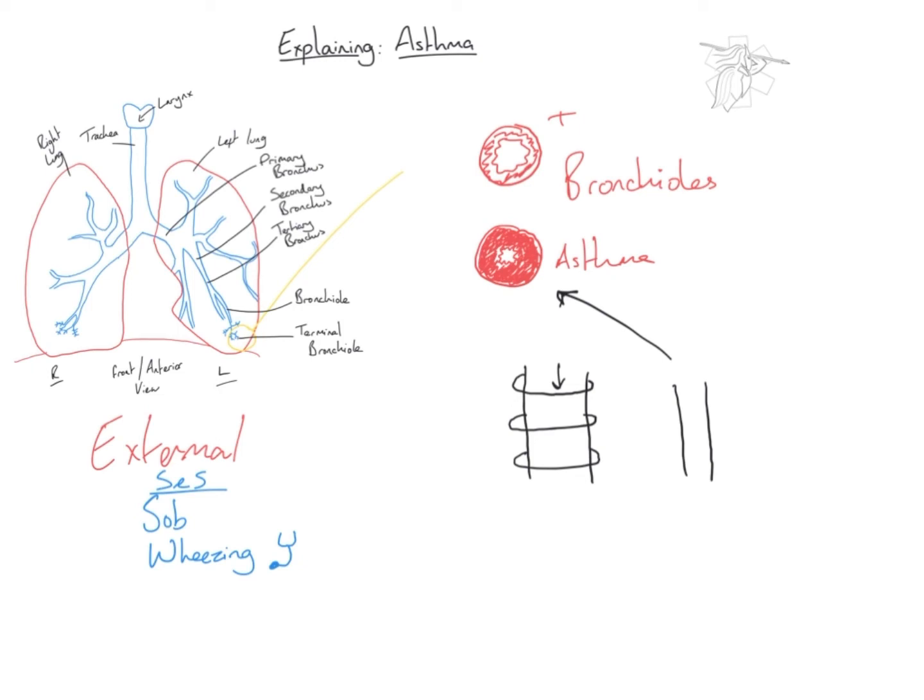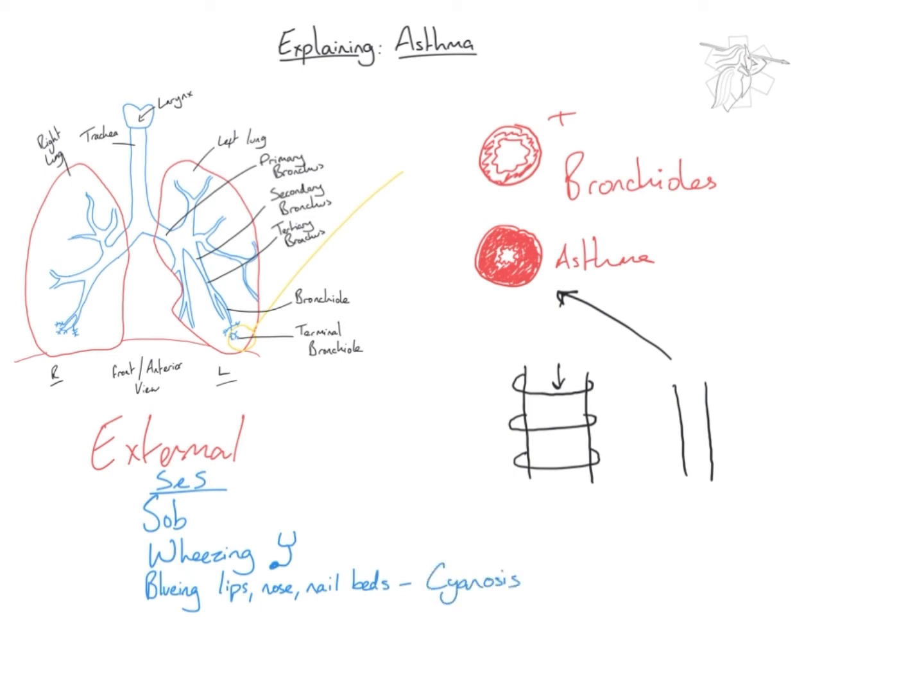We're also going to see potentially some bluing of the extremities. So this would be things like your lips, nose, and nail beds. And we call this cyanosis.